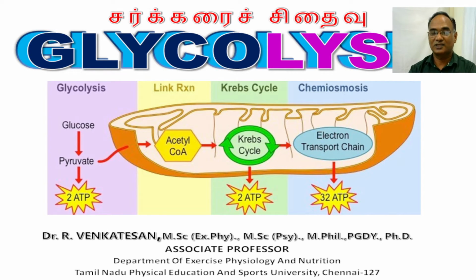The electron transport chain has to contribute hydrogen ions to magnify or increase the ATP production. So this complete process we used to call a metabolic process, and specifically today we are going to discuss only glycolysis in this presentation.